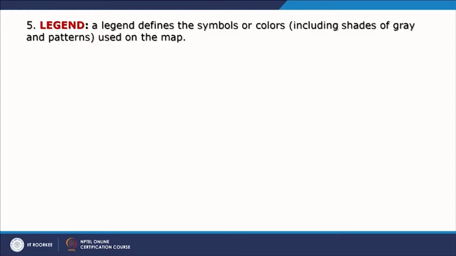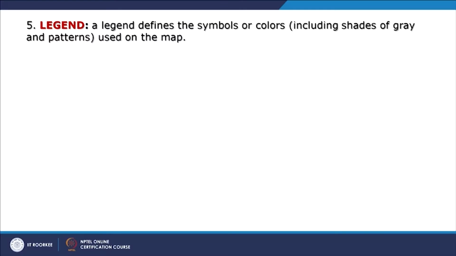Now, the fifth key element of a map is the legend. There are two terms people sometimes use interchangeably: one is legend and another one is index. A legend defines the symbols or colors, including shades of grey and patterns, used on a map.